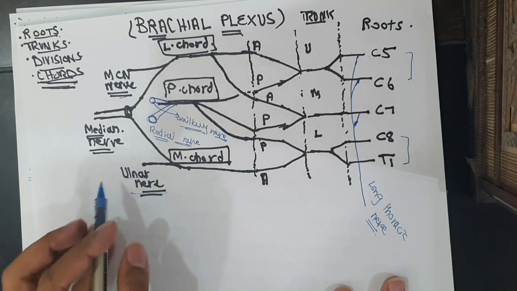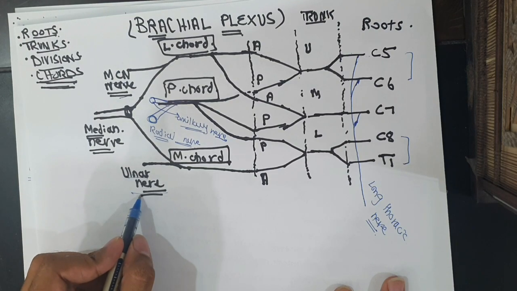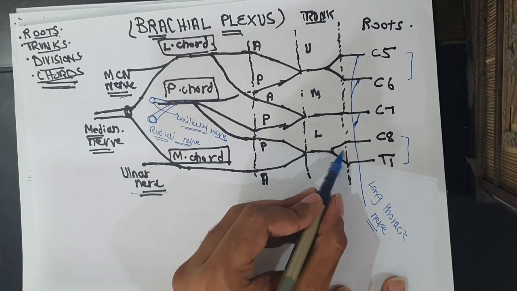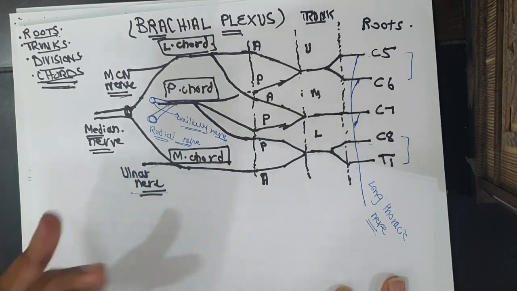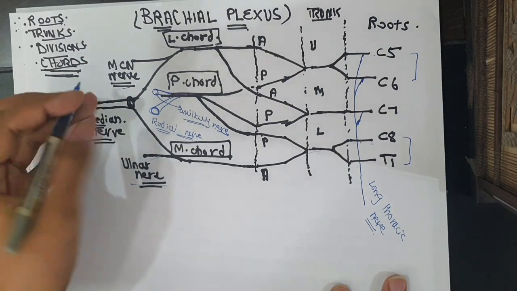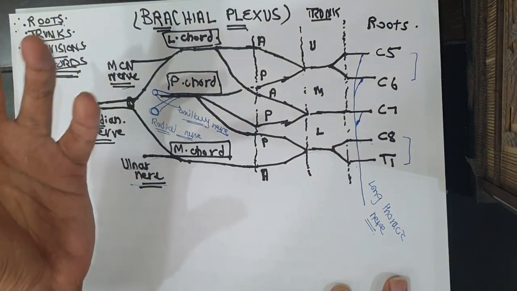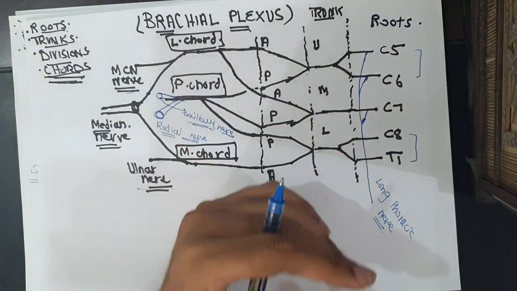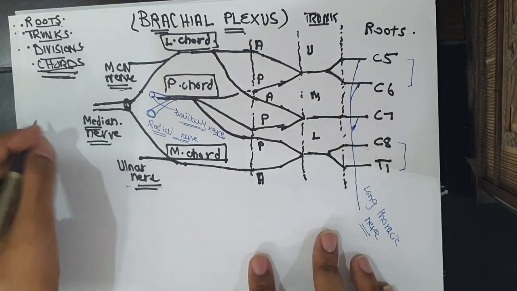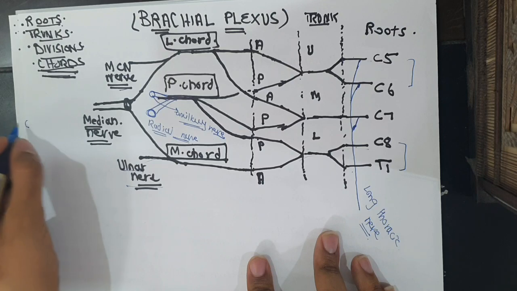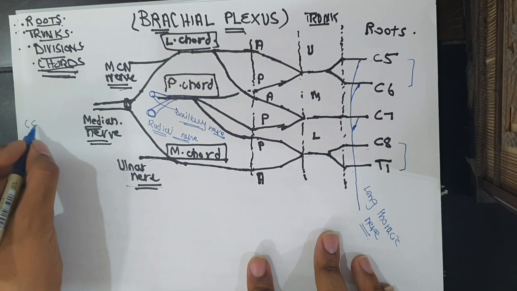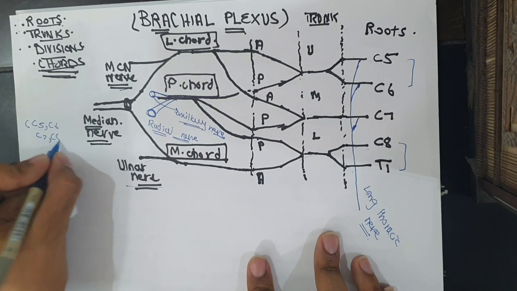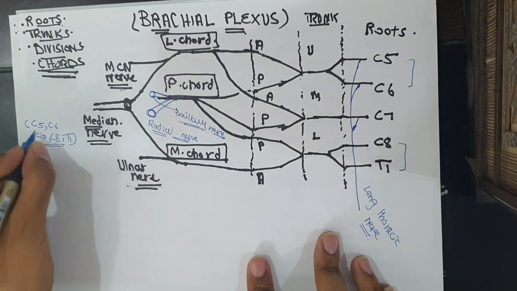If you're asked to give us the root values of the ulnar nerve, it is formed simply from, if you trace it back over here, C8 and T1. And the median nerve, because it is formed as an amalgamation of all the roots, its root value is going to carry with it all the roots, that is C5, C6, C7, C8 and T1.